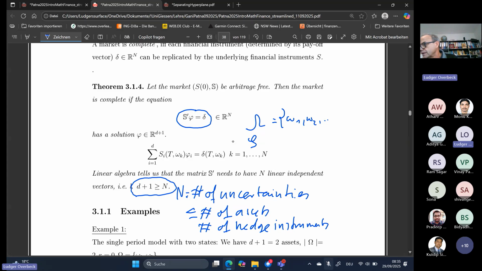The dimension of phi, d plus 1, should then also be infinite in this case. So all the reasoning is the same. You have just N equals infinity, which implies that you need infinitely many assets in general.